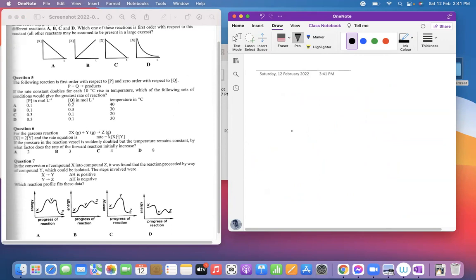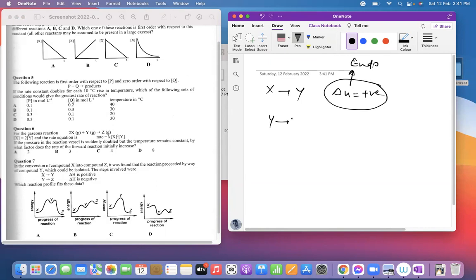The steps involved were X to Y, delta H positive. Delta H positive means endo. And Y to Z, that is negative. Negative means exo.